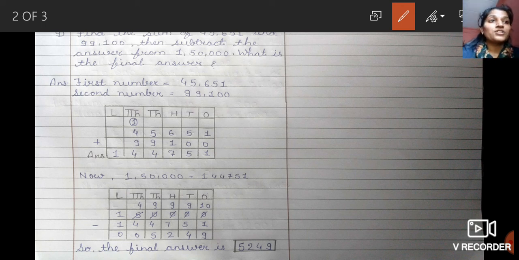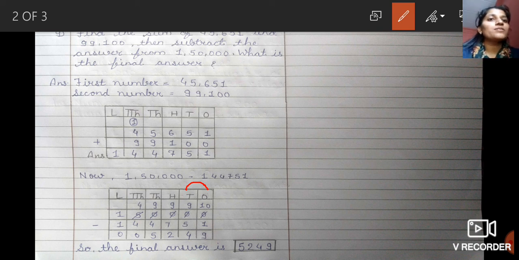Here the subtraction is a little bit difficult, please watch it carefully. 0 minus 1 we cannot do, so we have subtracted 1 from 10. That means we have borrowed one number from tens to ones. 10 minus 1, 9, and instead of 0 we have written 9 because we have borrowed 1.